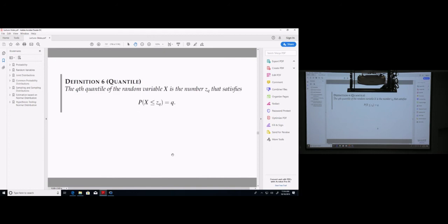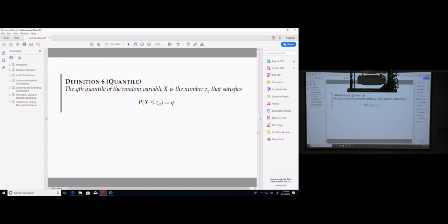All right. Now, this is just a convenient place to introduce the term quantile. But it doesn't mean quantile has to stay with normal distributions. I think the person who is preparing the slides is quite careful.